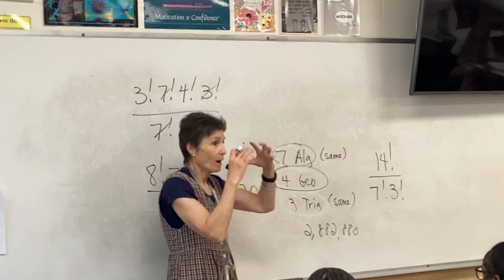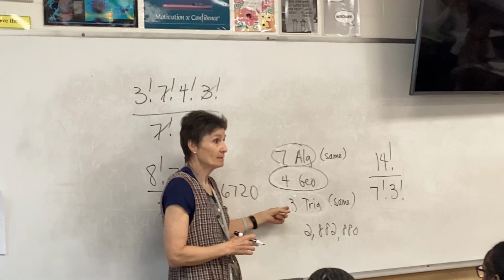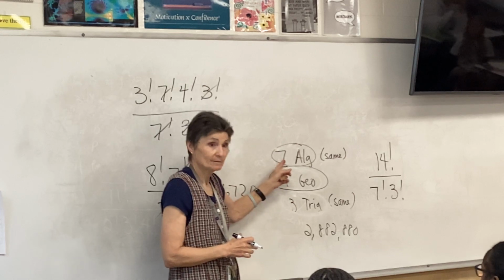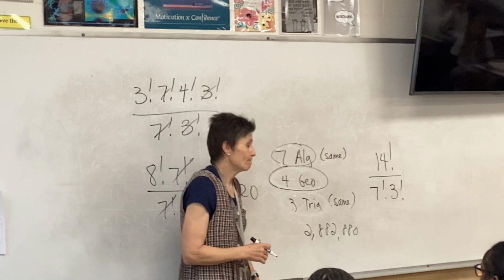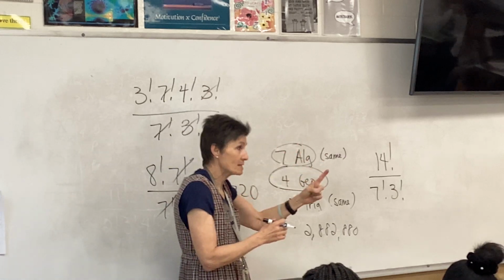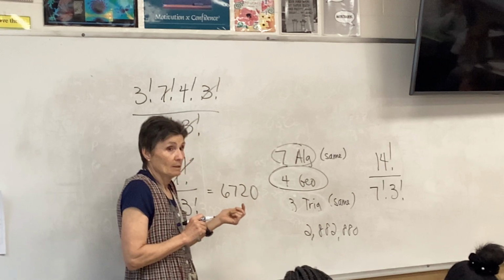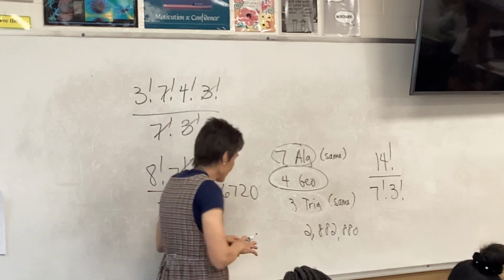All right, so what am I really arranging? 5, 3, 4, 5, right? Okay, bundles count as 1. Free things count as however many there are. Okay? Whew, that's a lot.